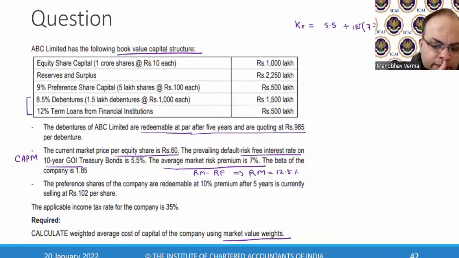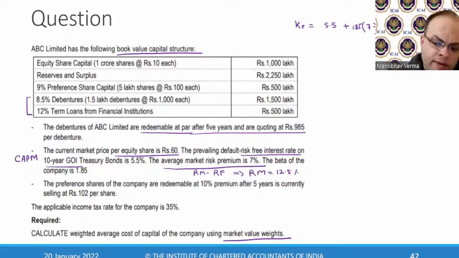Yeah, Charu, absolutely. Rohan, I think you need to just double check. Rohan, are you clear now? I'm taking up this question intentionally so that you guys are careful. RM minus RF is already given.